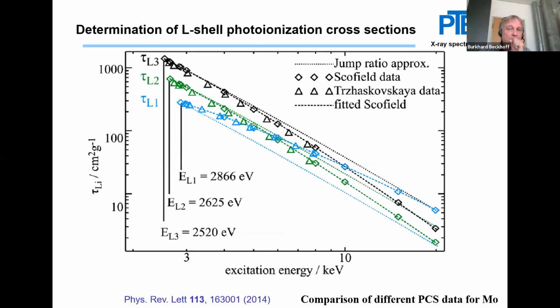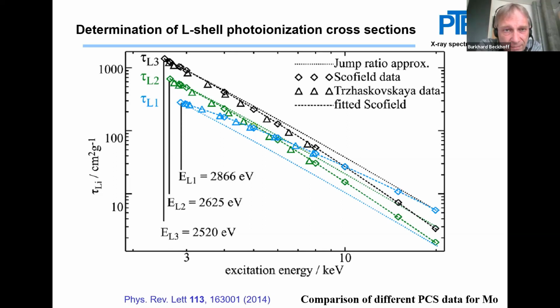So here's an example of the determination of L-shell photoionization cross-sections. And you see a different energy dependence for L1 as against L2 and L3 subshell data.